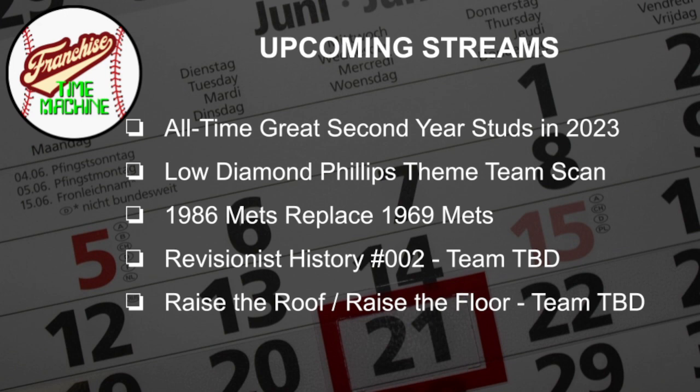So raise the roof, raise the floor is where I used to add 100 points of ratings in that editor screen to each player. I used to allow myself to kind of split it up, but I thought it'd be more fun to just force myself to either raise the roof, which is increase the highest attribute by 100 points, or in this case, 220 points because the scale has changed, or raise their lowest attribute by 220 points.